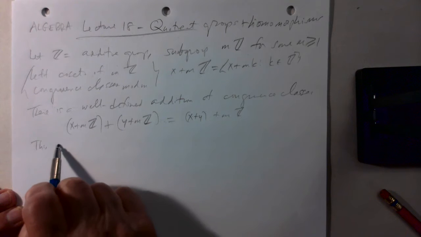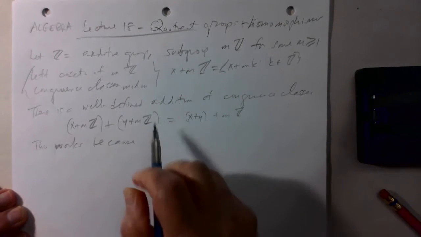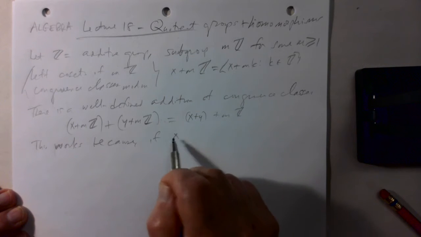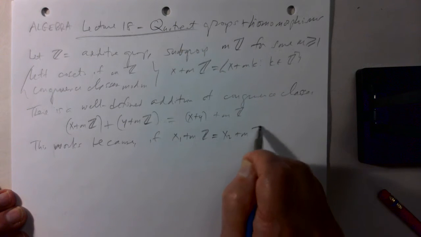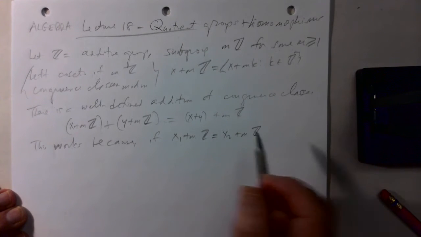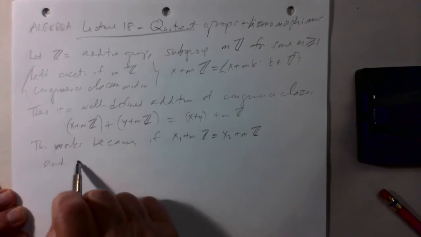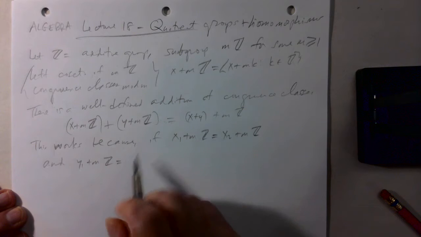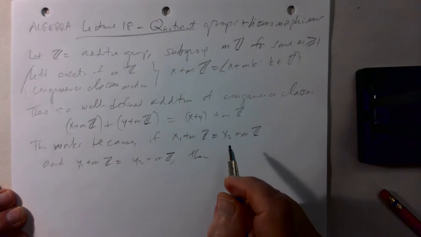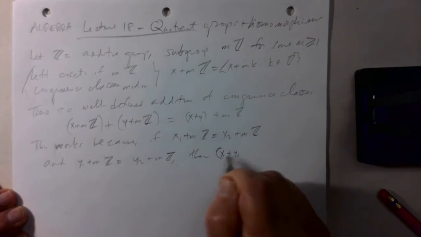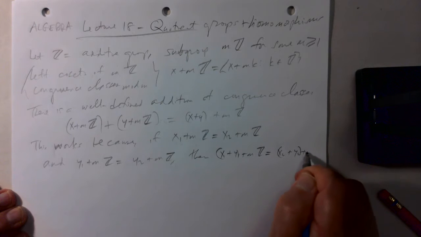So this is well defined, or this works, because if x1 plus mZ equals x2 plus mZ, so we have one congruence class, but maybe two different representatives in how we write it down, and y1 plus mZ equals y2 plus mZ, then x1 plus y1 plus mZ is the same as x2 plus y2 plus mZ.